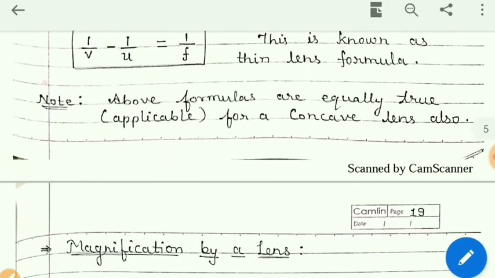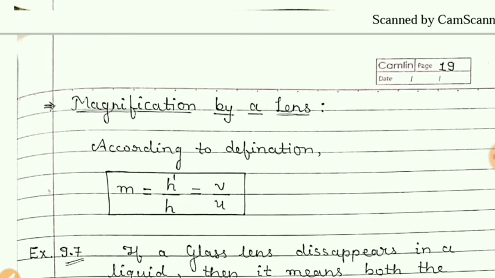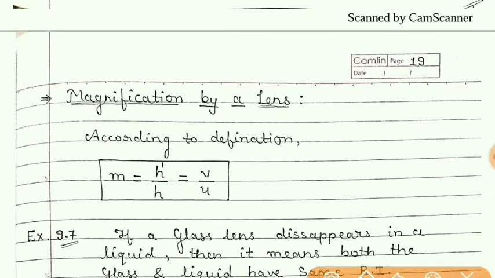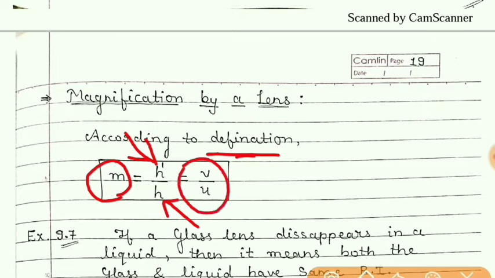Now students, about magnification by a lens. We have already studied the magnification due to a mirror, concave mirror or convex mirror. According to the definition, magnification M is the ratio of the height of the image to the height of the object, and the same can be written in terms of the ratio of distances, image distance upon object distance.